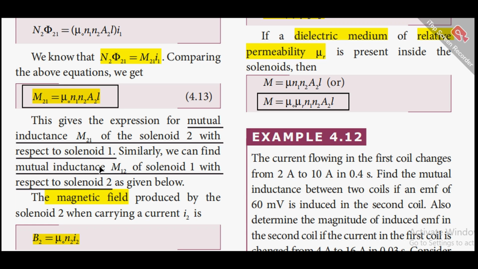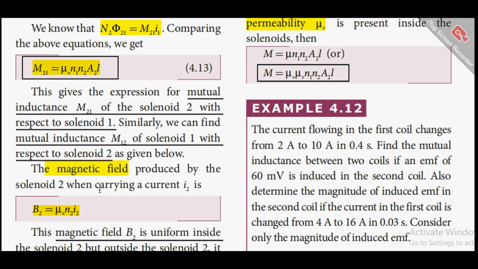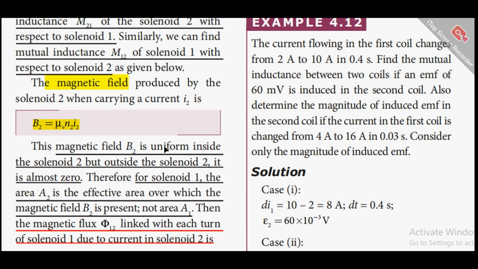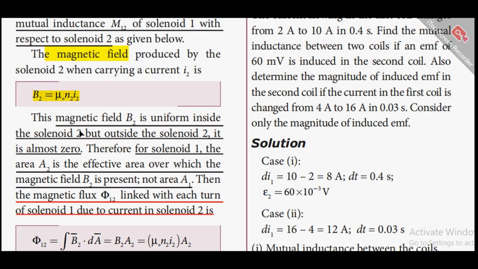Similarly, we can find mutual inductance M12 of the first solenoid with respect to the second solenoid as given below. For this, let us consider the magnetic field produced by the second solenoid when it carries a current I2, that's given by B2 equal to mu naught N2 I2. So the magnetic field B2 is uniform inside the second solenoid, but outside the second solenoid it is almost 0.